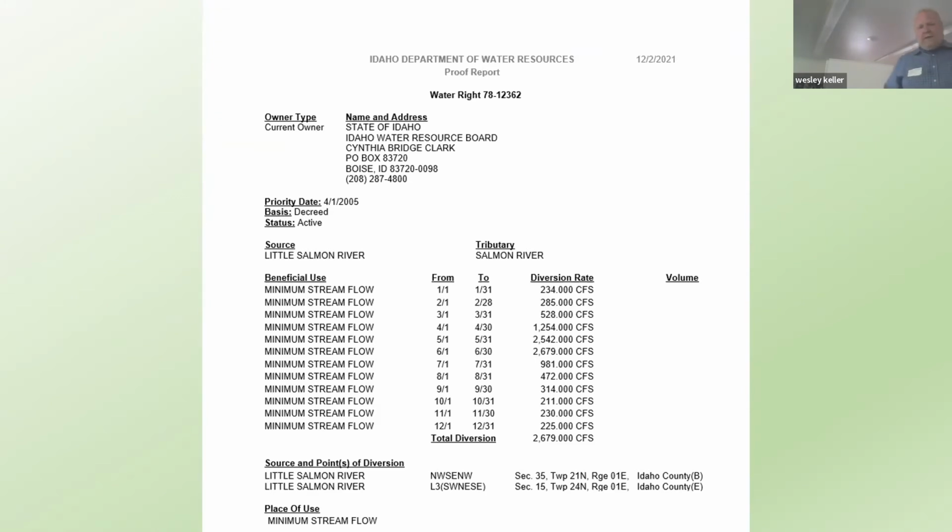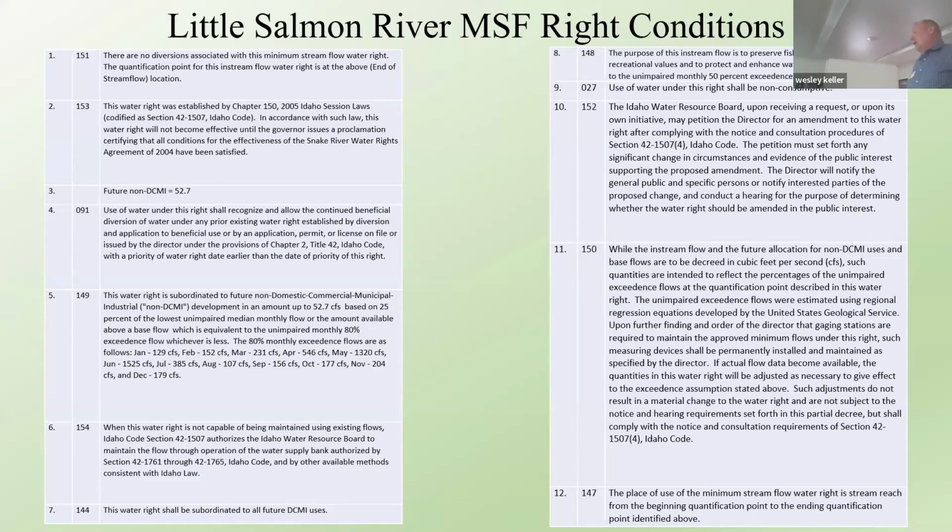And if we go into, I can click here, the conditions on the water right, the way that these are established, the rates per month are established on 80% exceedance flows for those given months, which means that 80% of years that month, the flow hits that.